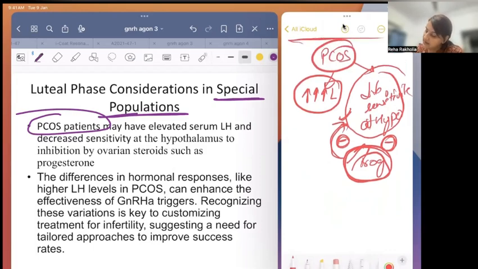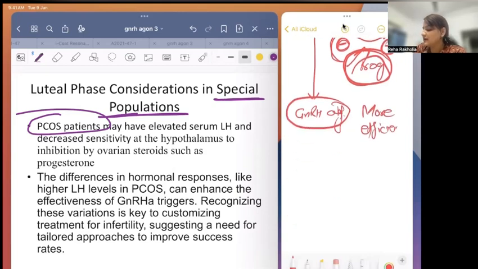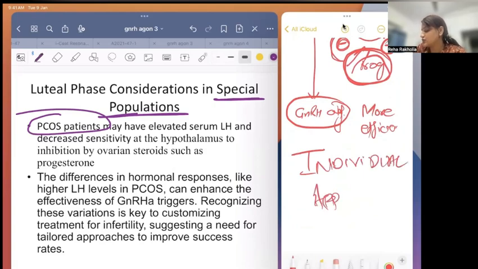Because of this, we know that a GnRH agonist trigger will work more efficiently in these patients. So that's why the role of an individualized approach is there.